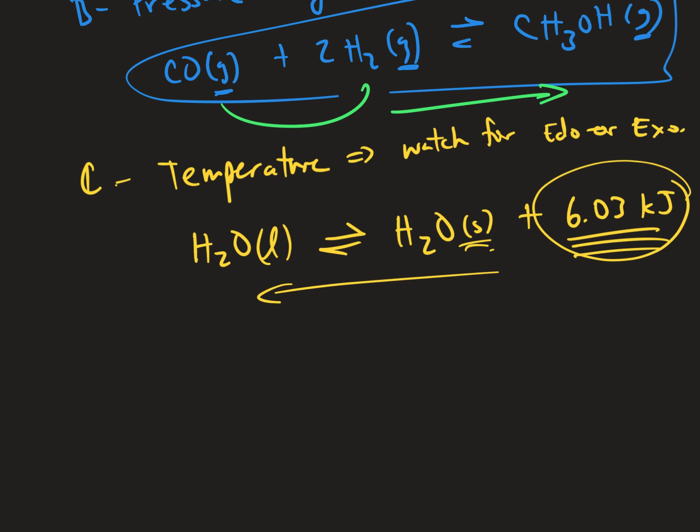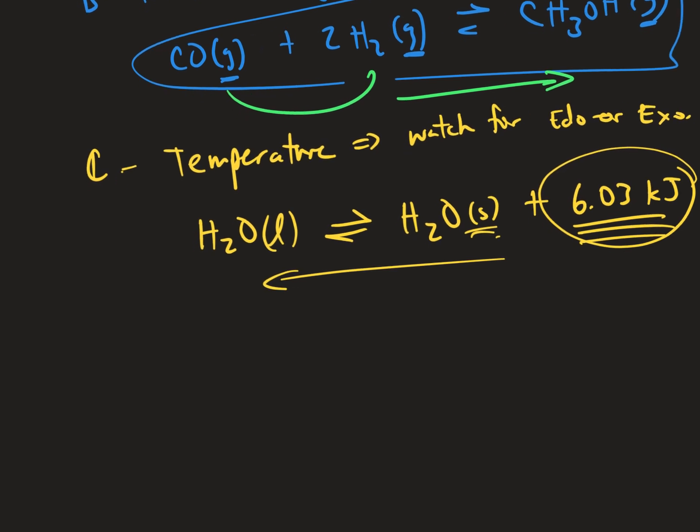And if it's a flip-flop version, and if it's endothermic, we add it, it's going to be on this side, it's going to make more product, right? You follow? You see how they kind of follow the same pattern? You put something on one side, it's going to go to the other side. You put it on the other side, it's going to go back to the other side. Okay?